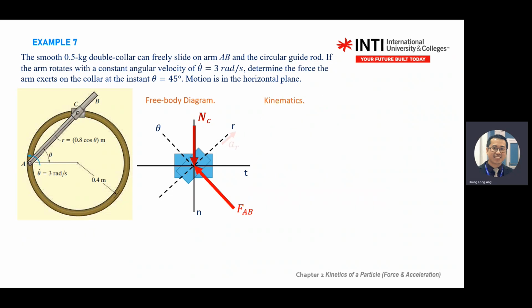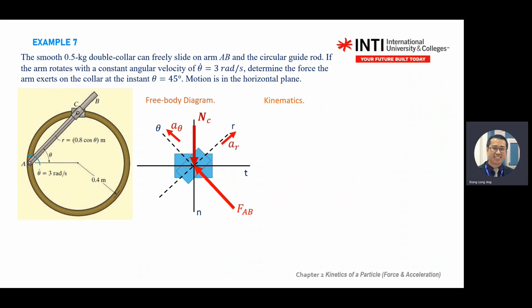Then you rearrange. Okay, you know that kinematics is related to F equals ma, which is more towards acceleration. So on your kinetic diagram, you include AR. In this case, we already overlap the free body diagram and kinetic diagram.